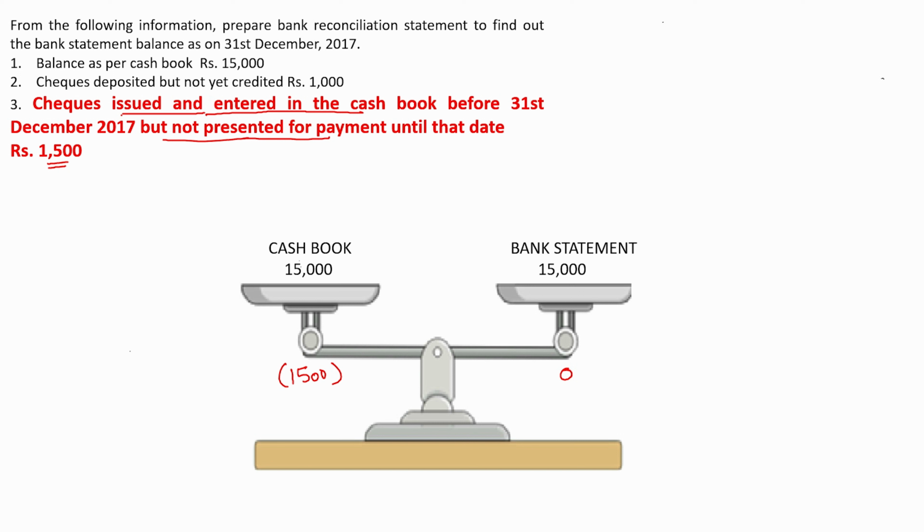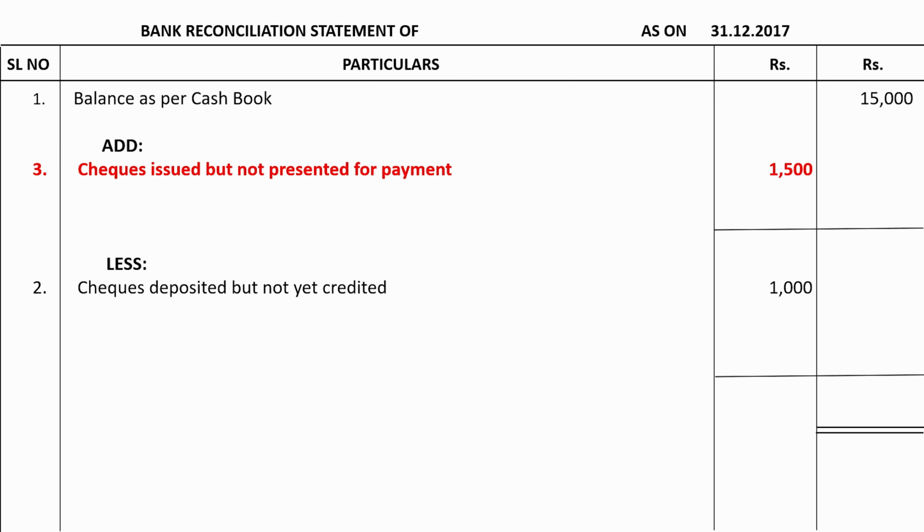Due to this, the cash book shows a balance of 13,500, whereas in the bank statement, the balance is still 15,000. To make this equal, we have to add 1,500 to the cash book balance, which is the base book. In the bank reconciliation statement, check issued but not presented for payment will be shown as an addition to the cash book balance.